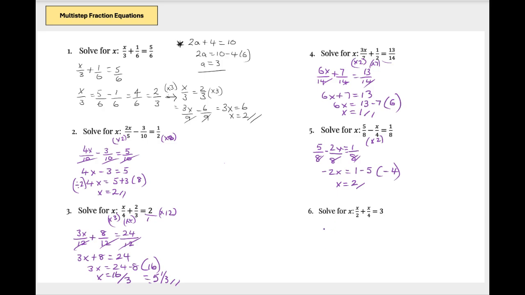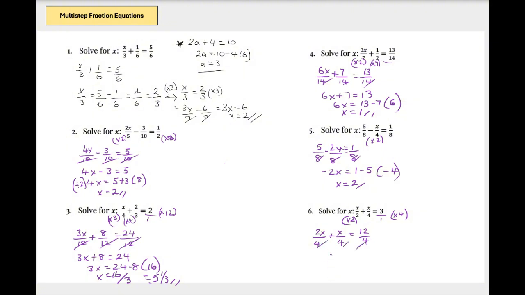And finally, same again. So I'm going to say 2, 4. Yes, so 4. So I'm going to times that by 2. And as I do, I make it look the same. So I'm going to times that by 4. So I've got 2x all over 4 plus x, that stays the same, equals 3 times 4 is 12 over 4.